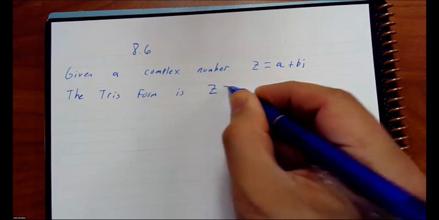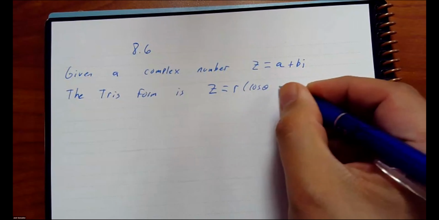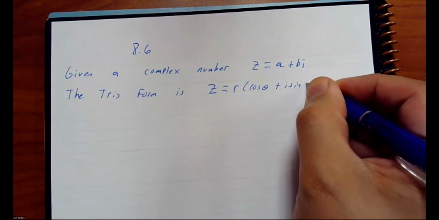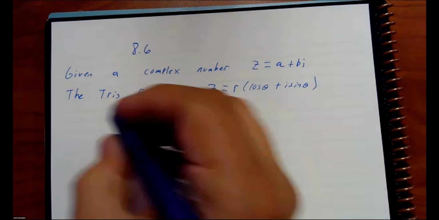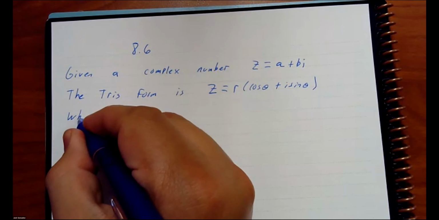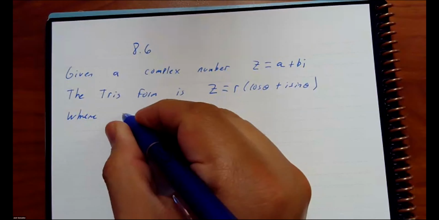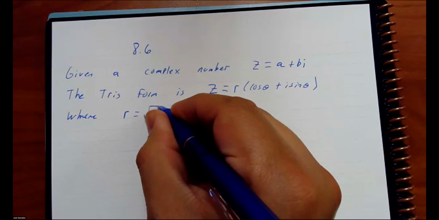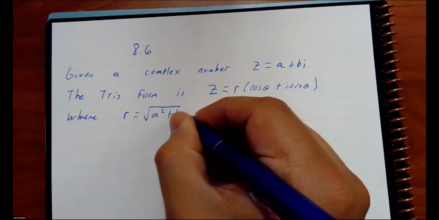Is Z equal to R times cosine of theta plus I sine of theta, where R is equal to the square root of A squared plus B squared.